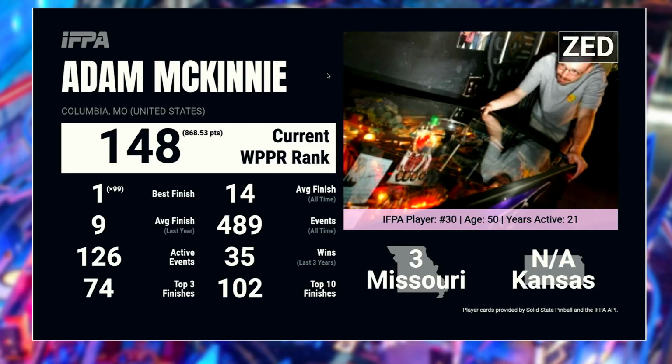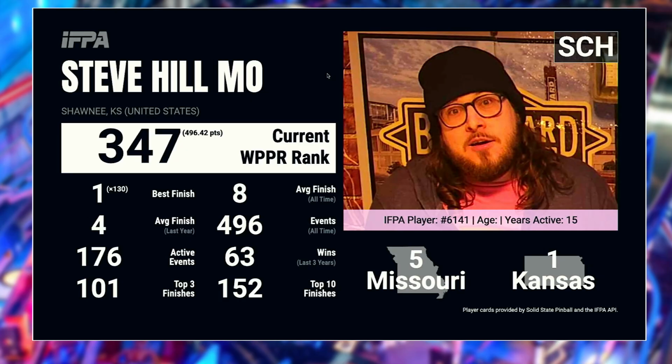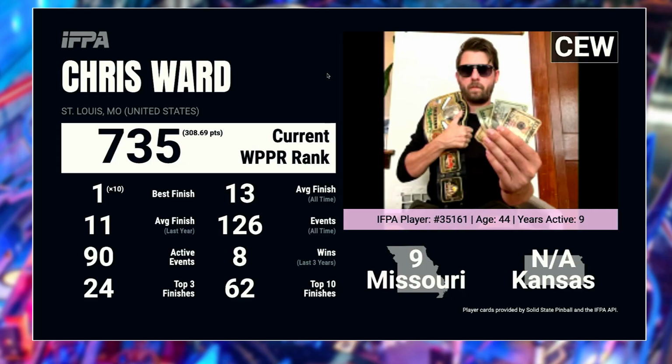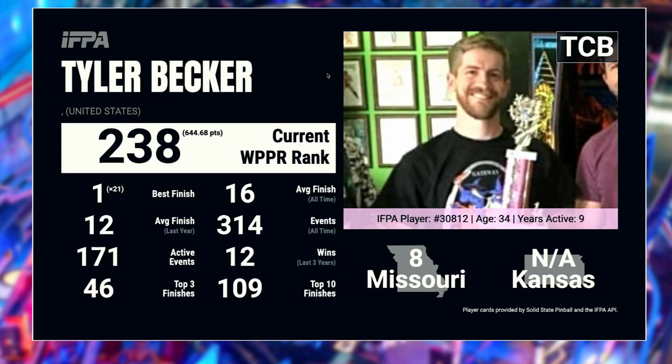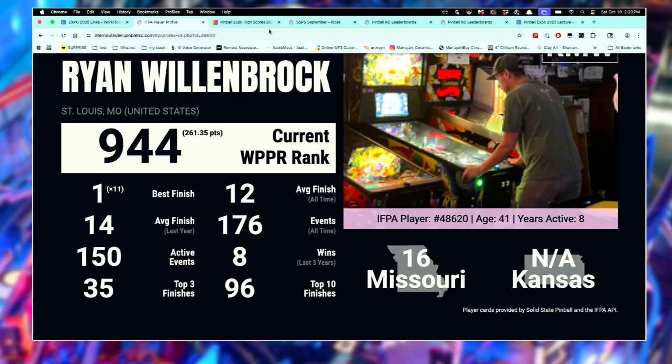They're pulled from IFPA, and it just pulls their picture and their initials. Because we're in Kansas City, Missouri, we have a lot of Kansas and Missouri players, so it's really focused on our local community. I'm mostly pulling players from Kansas or Missouri, showing their current rankings and their stats. Just another cool slide to throw in your leaderboard displays so we're not always looking at the same leaderboard.